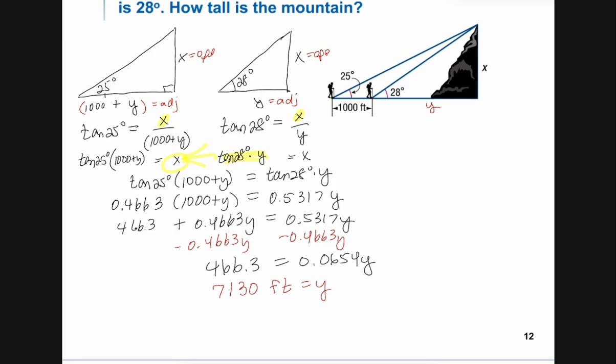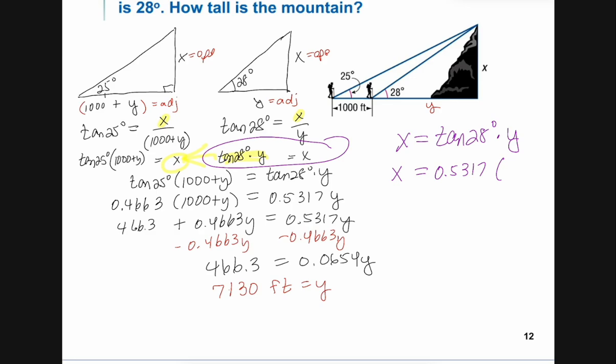But we know, look at this right here. Let's write it over here. X is the tangent of 28 times y. Well, we just found what y was. Y is 7,130. Now remember, the tangent of 28 was 0.5317. If you forgot that, just throw it into your calculator. Y is 7,130.